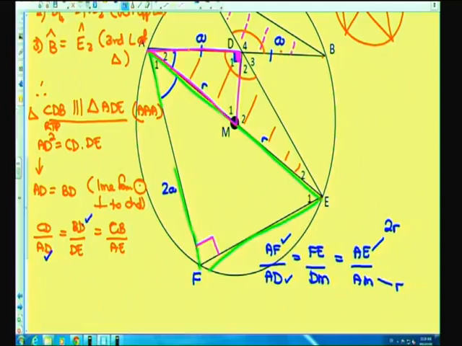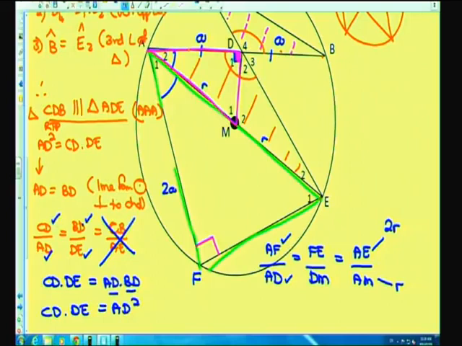In actual fact, that's the same as saying AD. So we have two of those. Do we have CD and do we have DE? Yes, we do. So we can erase that one. And so we can say CD times DE is equal to AD times BD. But since BD equals AD, I could just as well go CD times DE equals AD squared.